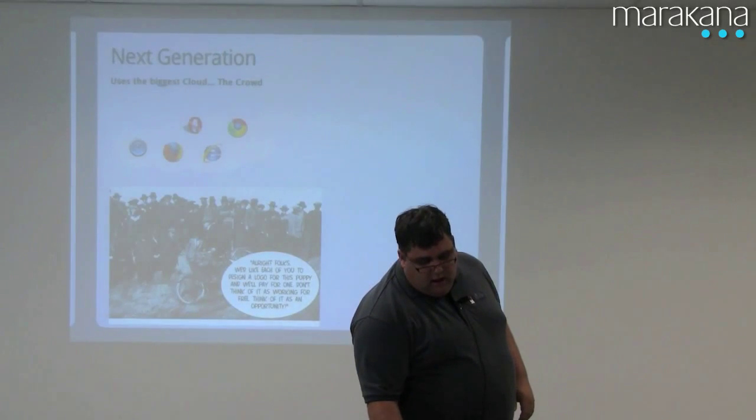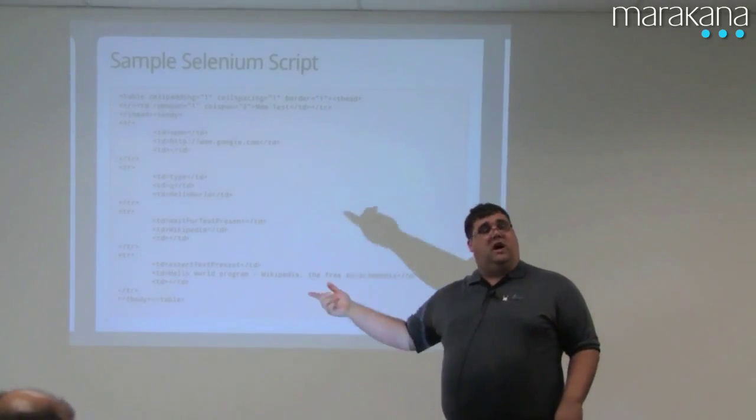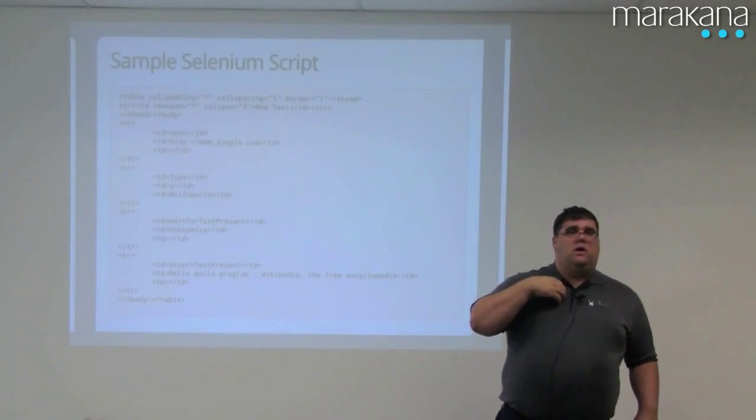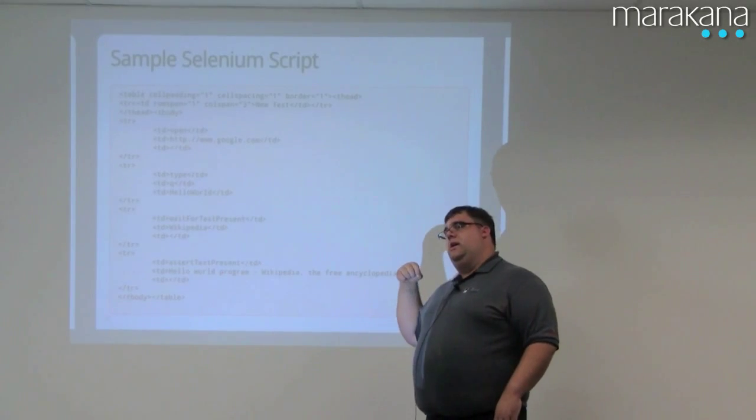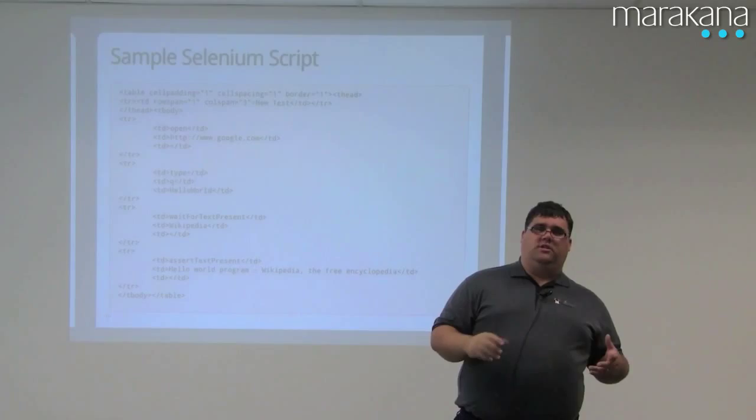So that's Selenium. Like I said, you can take this and generate Java. At my work, they do this in Ruby, and they built a little framework on top of that.